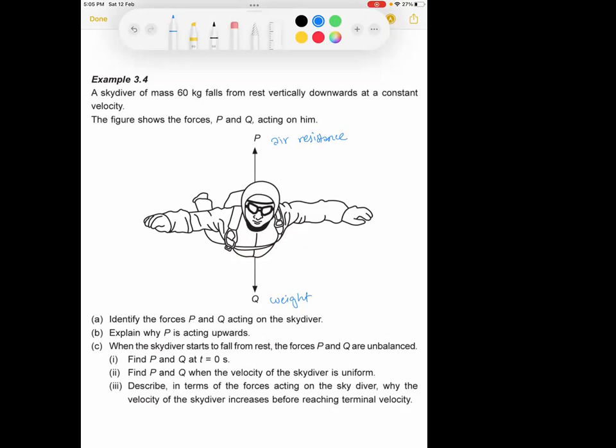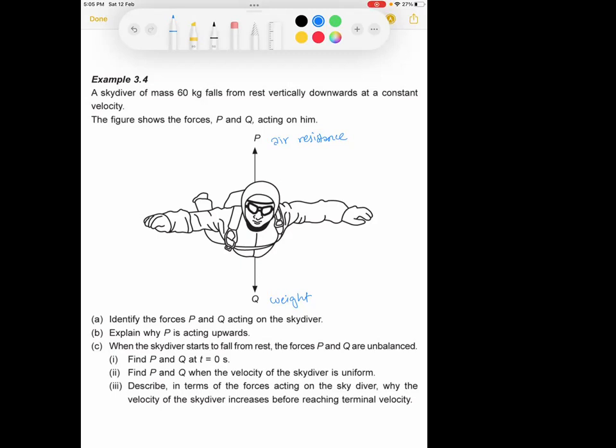Yeah, so it is because to prevent the person from going down. In other words, air resistance, which is also a form of friction, opposes the motion of the skydiver.